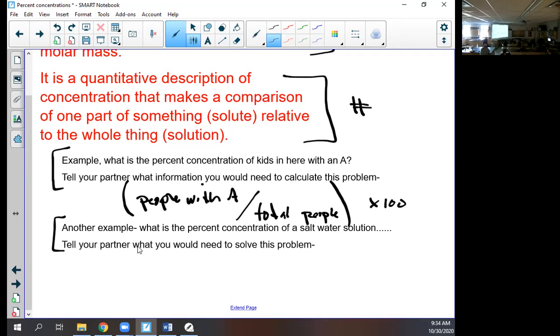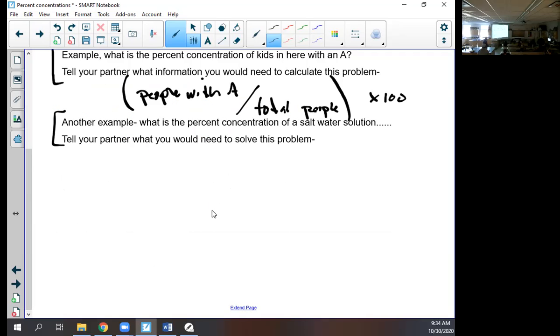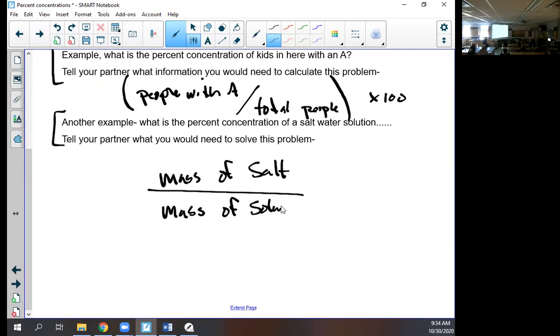And then Thurgood, what did you say? Or the volume. They both work. They would just have different units. Please just stick with me a little bit longer. So you would need to know the mass of salt. You would divide it by the mass or volume of the solution, and then multiply it by 100.